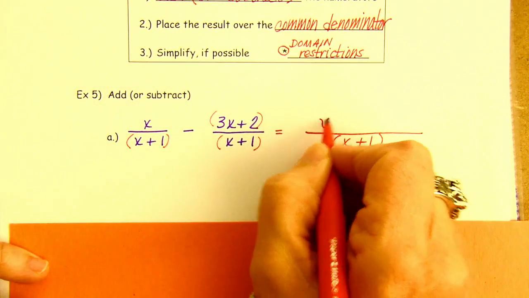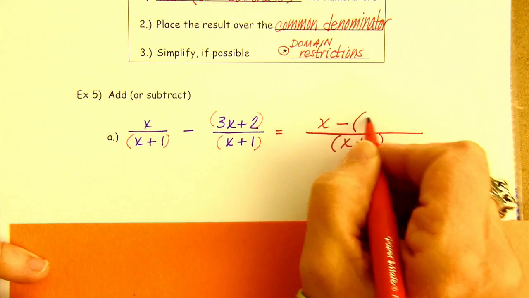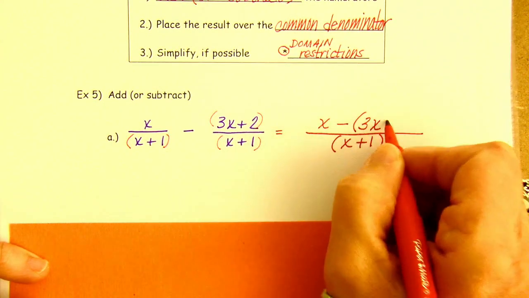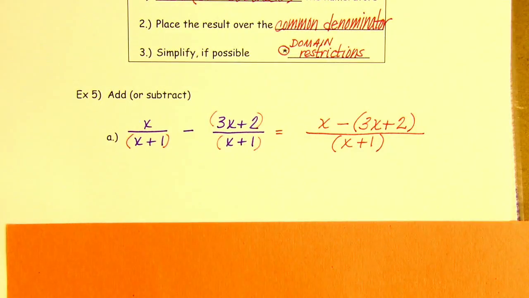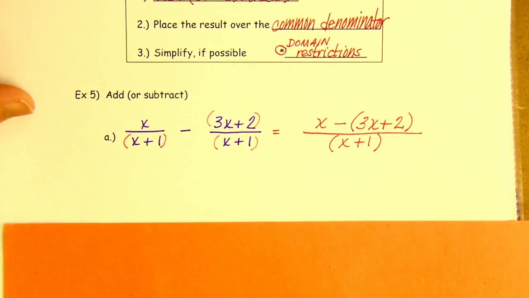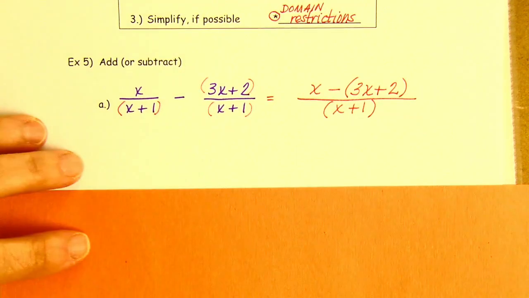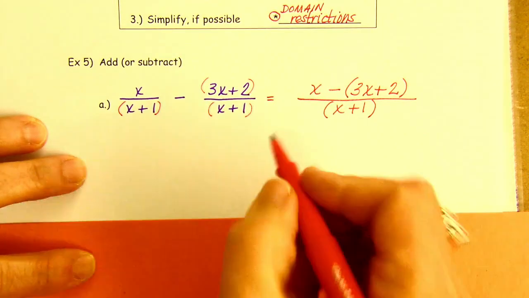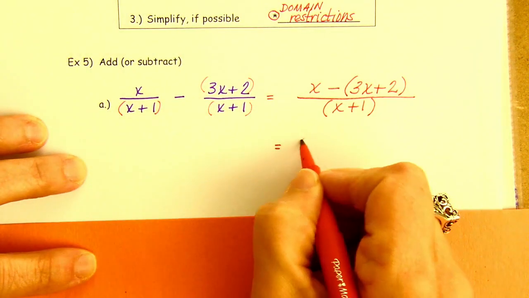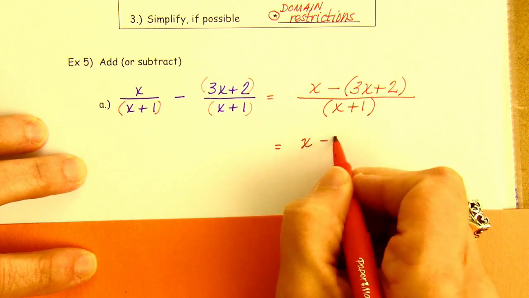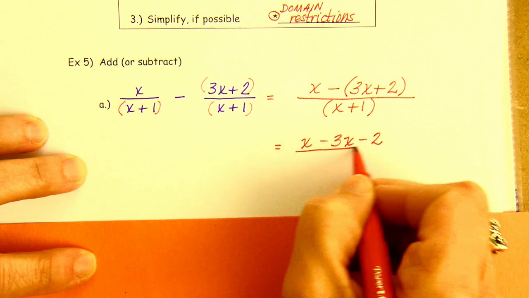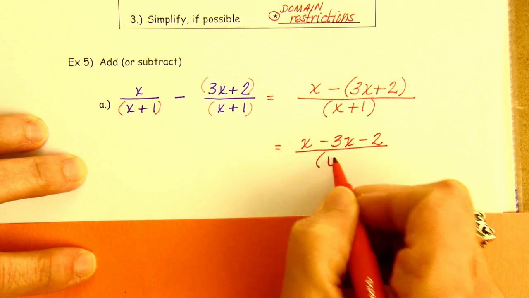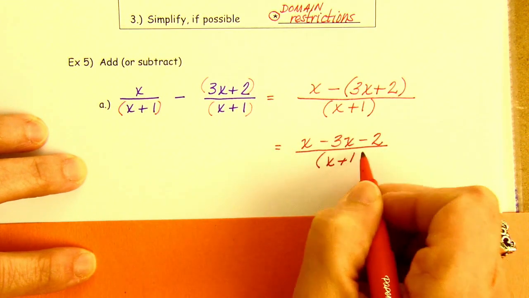You must write it here as x subtract the quantity because you need to distribute the negative sign to both the 3x and the 2. Okay, moving right along. This becomes x subtract 3x subtract 2, all divided by the one common denominator, x plus 1.